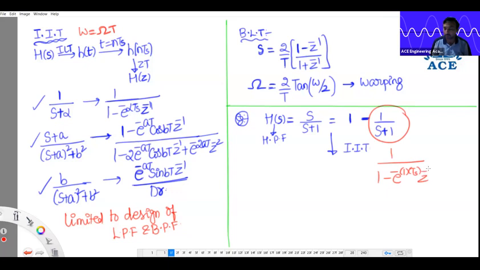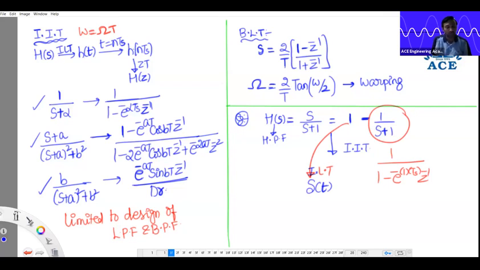But for 1 in the Laplace domain, there is no equivalent term in the z domain. If you take one number, there is no equivalent term in the z domain. 1 in the Laplace domain corresponds to an impulse. The inverse Laplace of that one is an impulse.